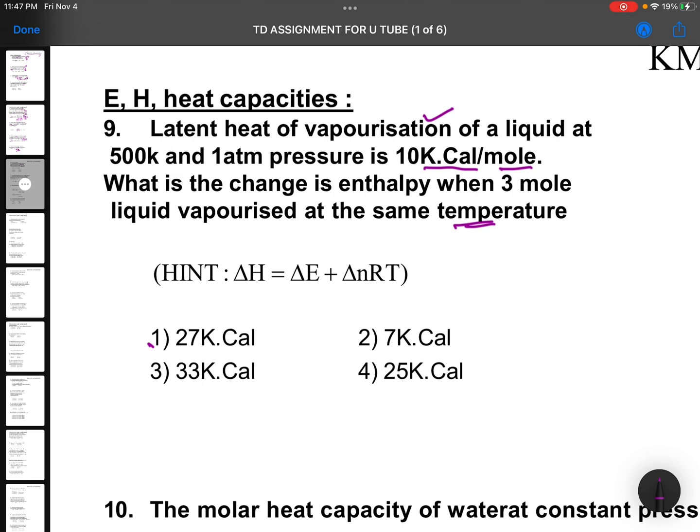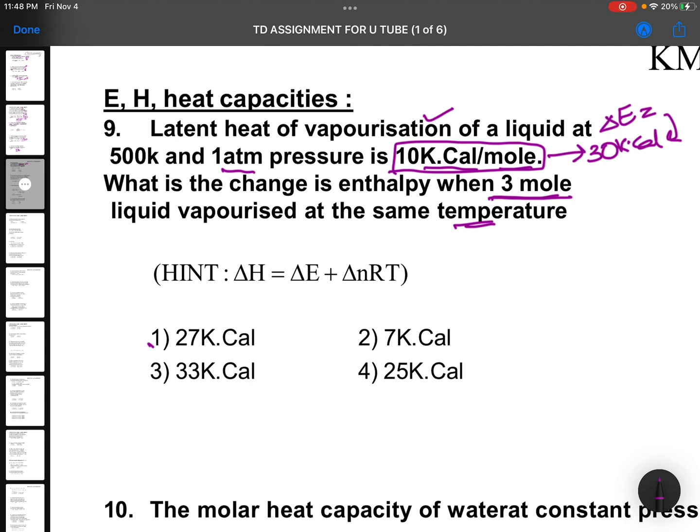That means pressure is constant and temperature is constant, volume is also constant. When volume is constant, he is calculating delta E. This delta E is given as 10 kilocalories per mole. Now the question is asking for 3 moles, so this will become 30 kilocalories. So 30 kilocalories is the delta E.